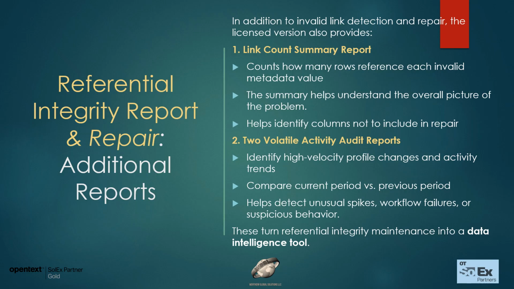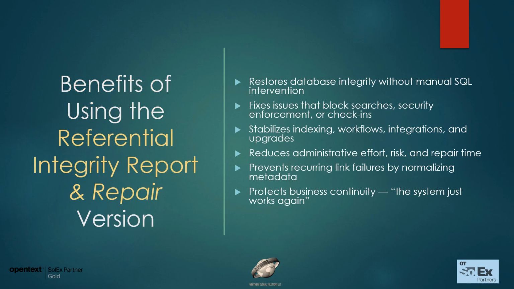The volatile activity report highlights high-velocity changes and trends over time, comparing current activity against a prior period to reveal unusual spikes, potential workflow problems, or suspicious behavior. Together, these turn referential integrity maintenance into a useful data intelligence capability.